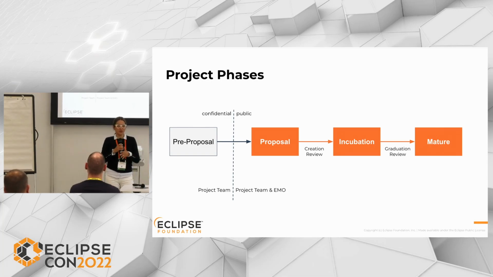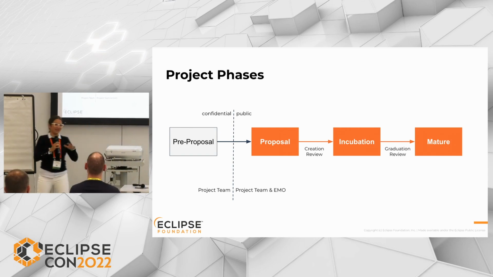So Eclipse open source projects go through different phases. There is one dark pre-proposal phase that happens between project teams, and this is confidential. We can see what you're doing, but we usually don't.